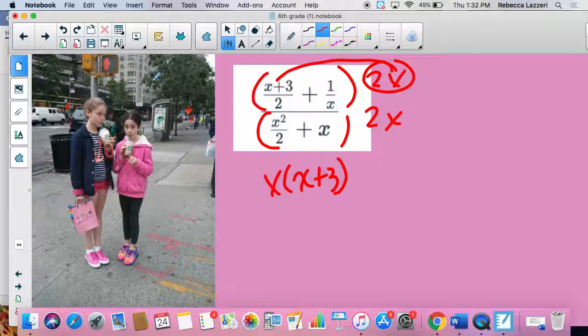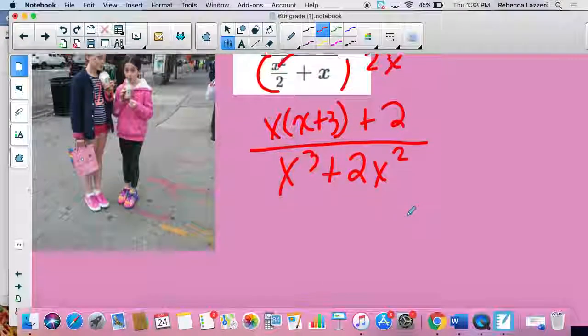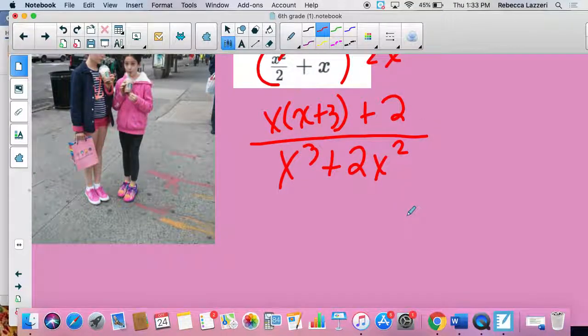But wouldn't you then end up with an X as well? Hang on just a second. The 2's are gonna, so it's gonna be X to the third plus 2X squared. I cannot cancel any of these X's right now because I still have to figure out the top.